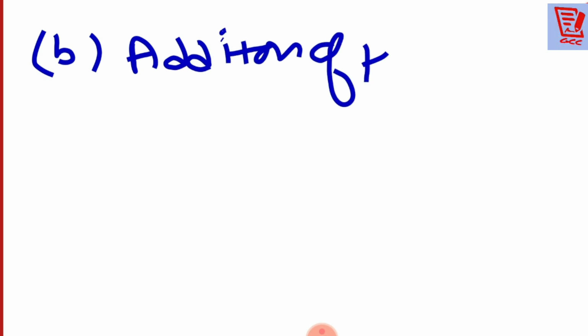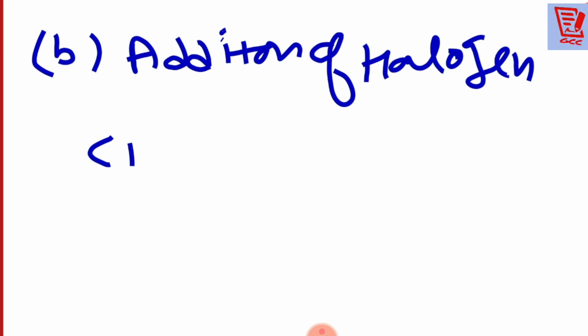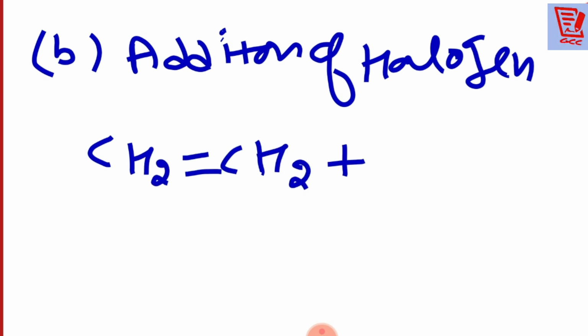Then after that we have a second method, the B part: addition of halogens. What is it? Addition of halogen. Whenever we talk about the addition of halogen, suppose I am taking any alkene, CH2 double bond CH2, and here X2, it can be Br2 or Cl2, whatever you have, X2 in the presence of CCl4.